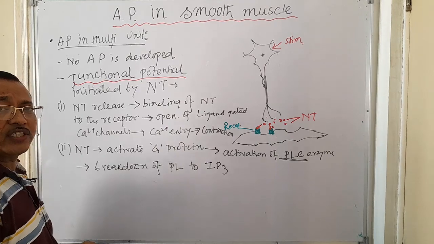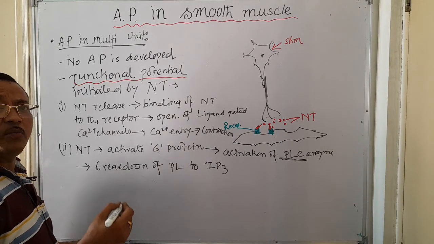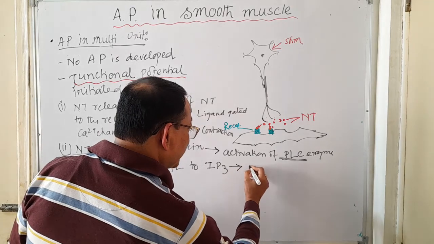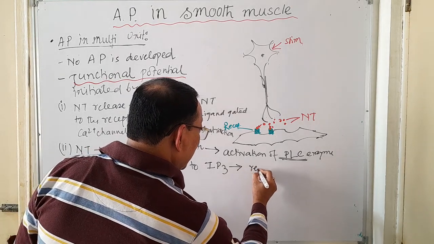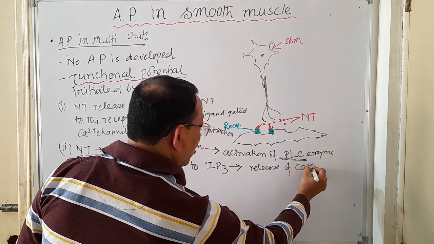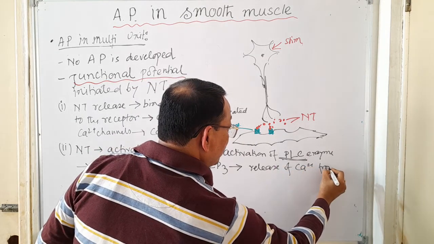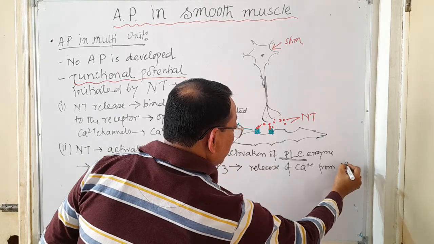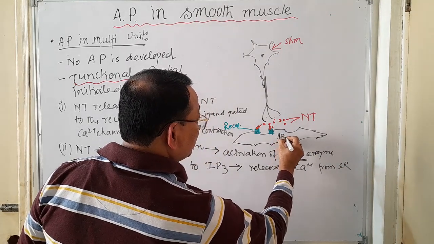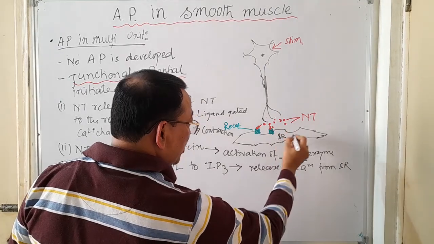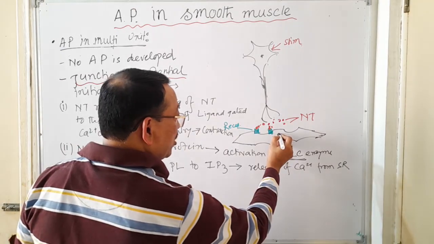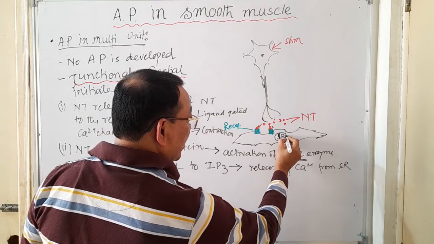Inositol triphosphate will be generated, will be synthesized, and this IP3 will result in the release of calcium ion from the sarcoplasmic reticulum present in the cell. Within the cell there is sarcoplasmic reticulum, which generally stores the calcium ion.